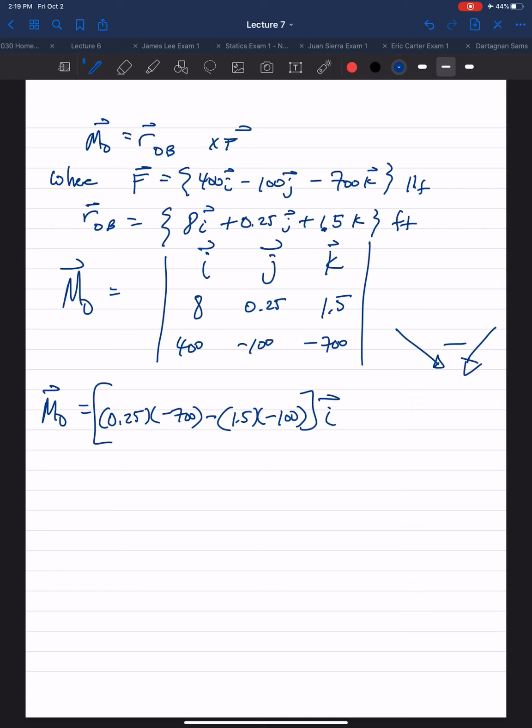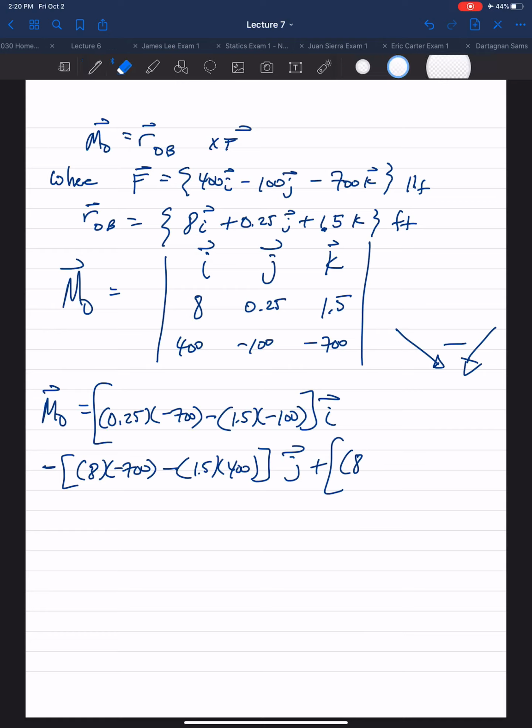This is i. Remember the j is always negative or subtraction. So now we're going to ignore the top row and the second column. That'll be 8 times negative 700 minus 1.5 times 400, j. Plus k, ignore the top row and the last column. That'll be 8 times negative 100 minus 0.25 times 400.